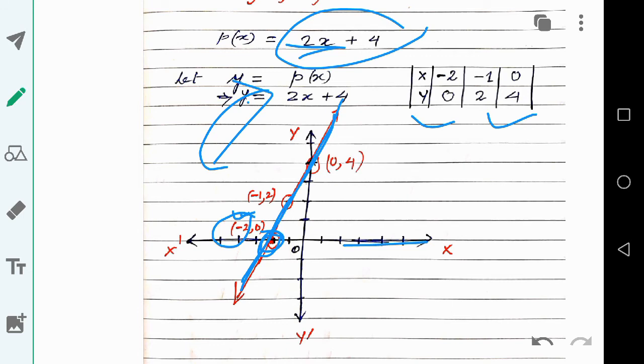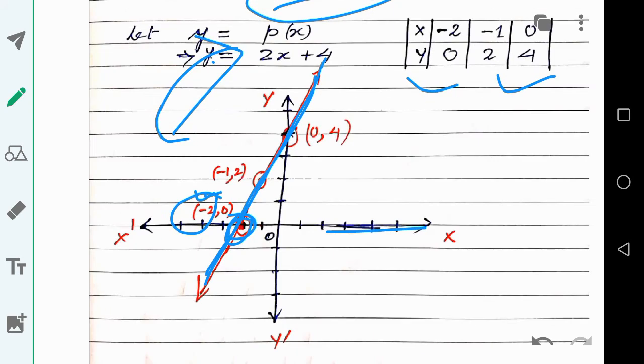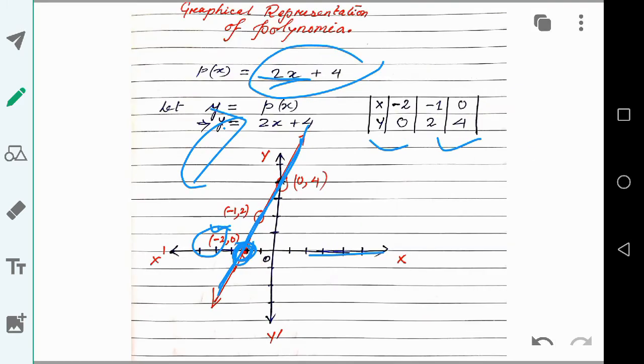That's why its x coordinate is the 0 of this polynomial. Now, what is the relation between this point of intersection of the x-axis and the graph and the 0 of the polynomial?